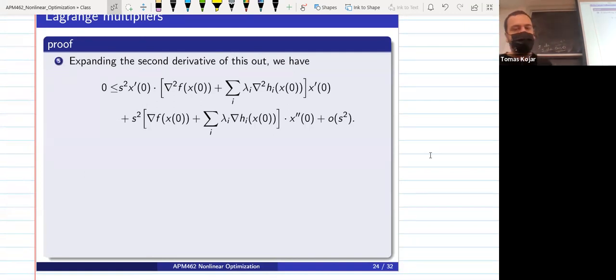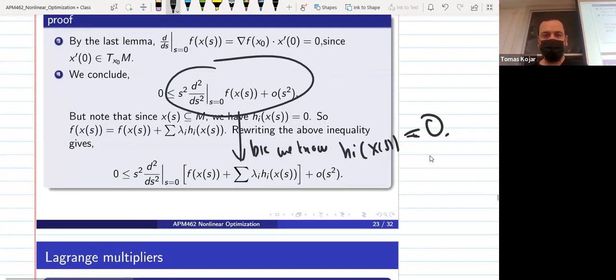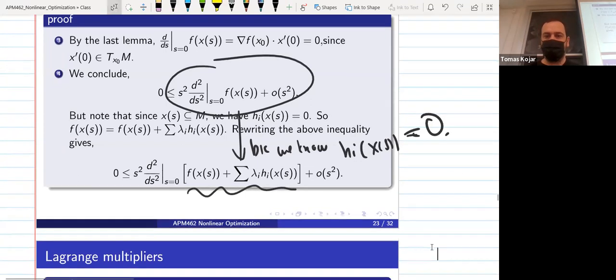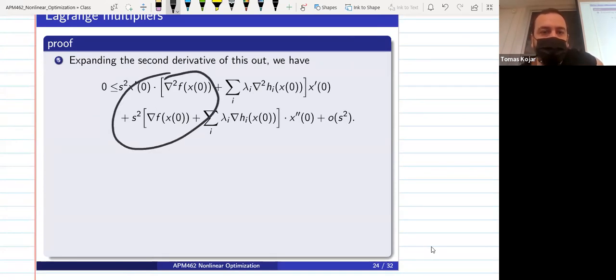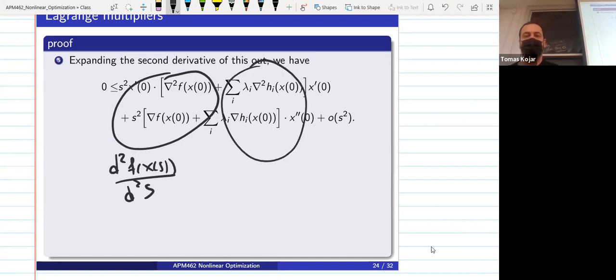So we apply chain rule to this expression. If you apply chain rule to f of x of s, you get this stuff, the first terms. The second two terms come from the double derivative of the gradient of h of x of s.